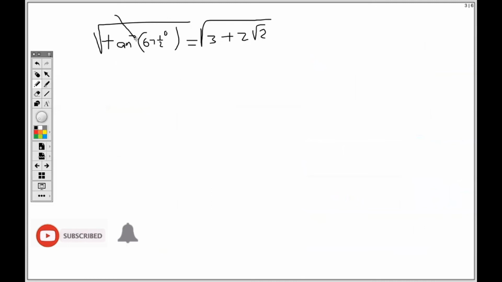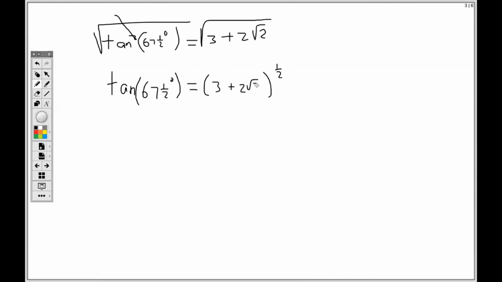So the square root cancels the square. So we have tan 67.5 degrees is equal to, now square root is the same thing as having the power a half, so this is 3 plus 2 root 2 raised to the half.